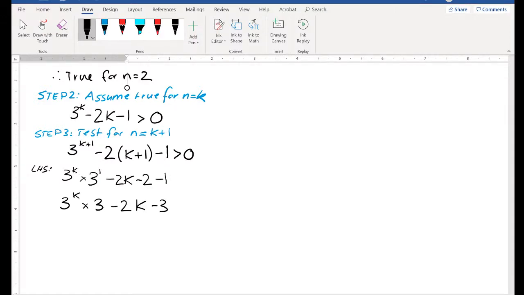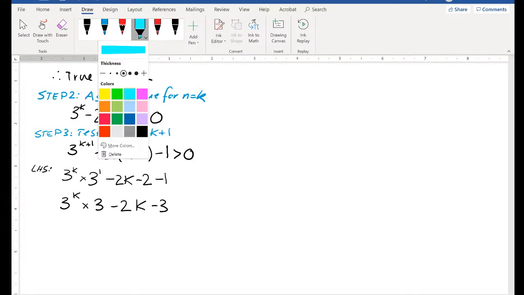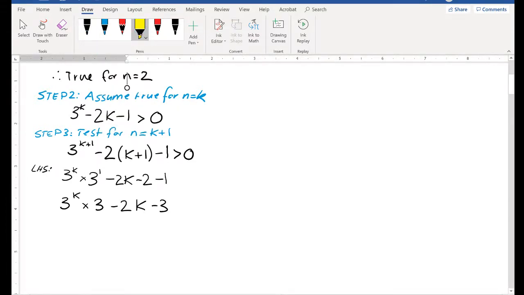Now what happens with things like divisibility, we would sub something in and it would come out quite clean. The thing with inequalities, the piece of information we know and we want to work with is this. We're always working with what we got when we subbed in k. What that means is I need to manipulate that to look like that in some way.